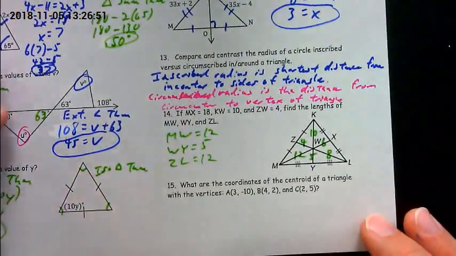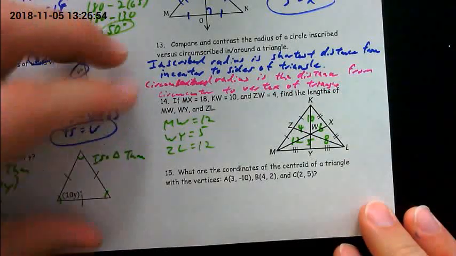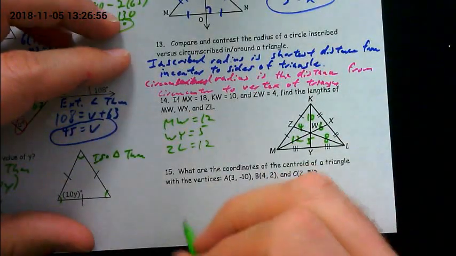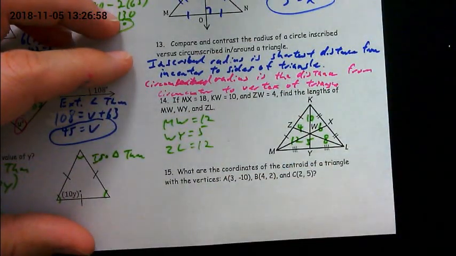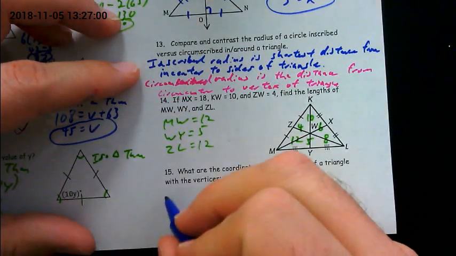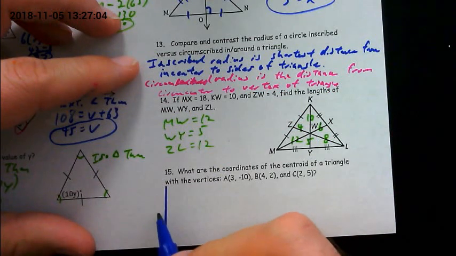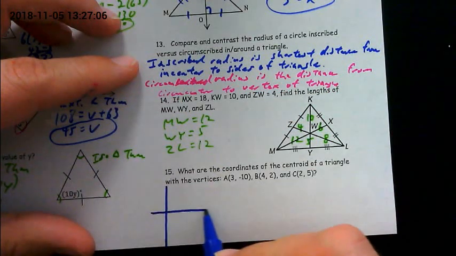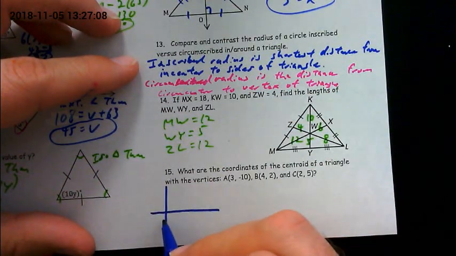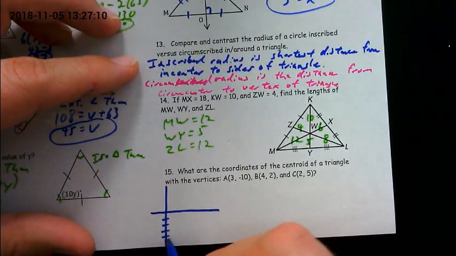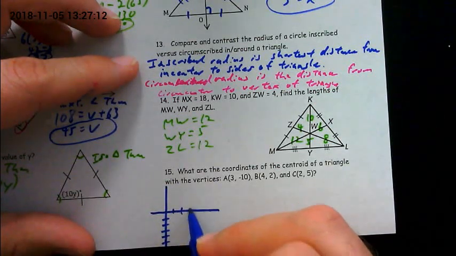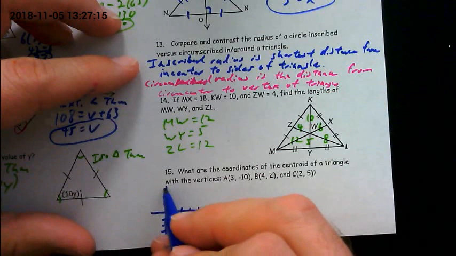On 15, what are the coordinates of the centroid? All right, this one was a little challenging, and I'm going to draw a horrible diagram of it. 1, 2, 3, 4, 5. 1, 2, 3, 4.